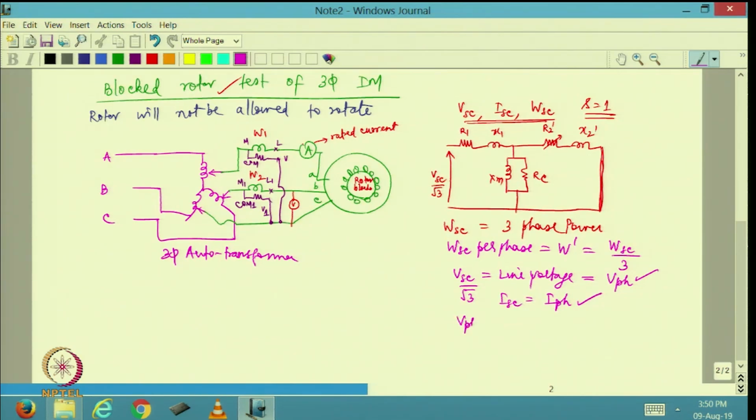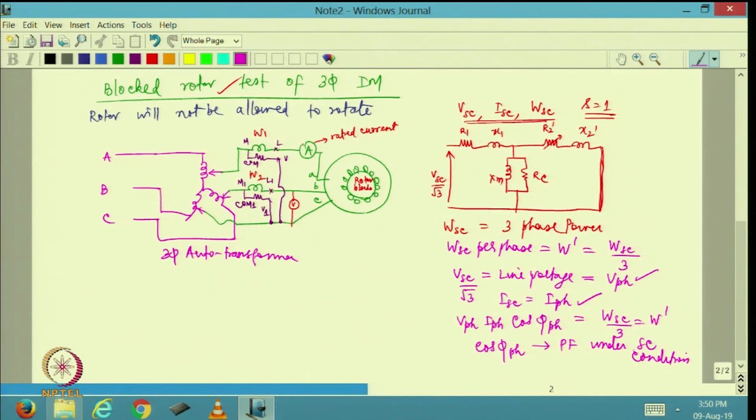So, I can say V phase, I phase, cos phi phase equal to WSC divided by 3, which is equal to W dash. So, these are available with me. So, I should be able to get cos phi phase. This will actually be the power factor under block rotor condition or short circuit condition.